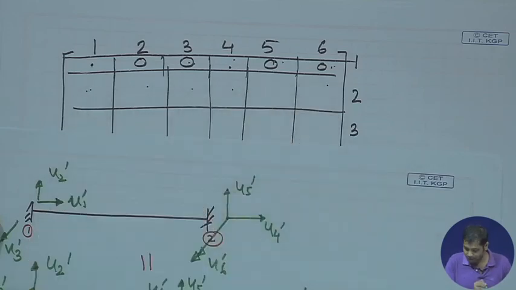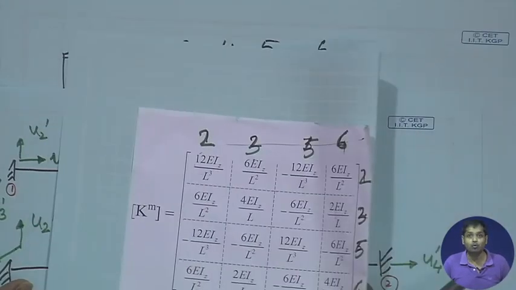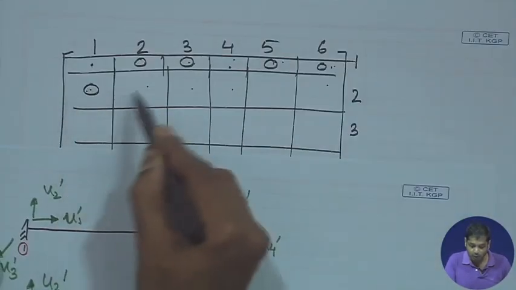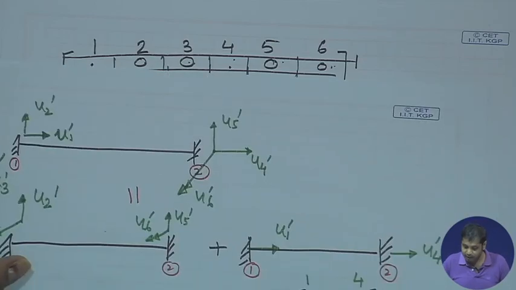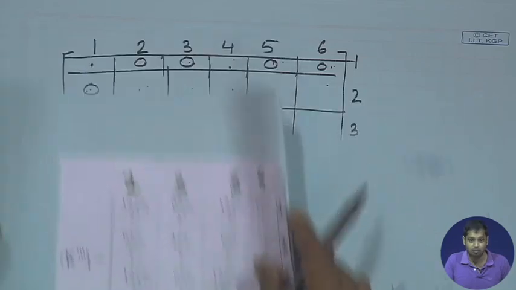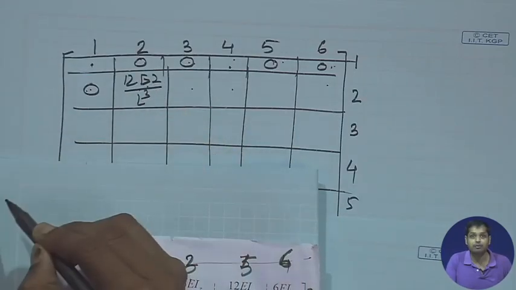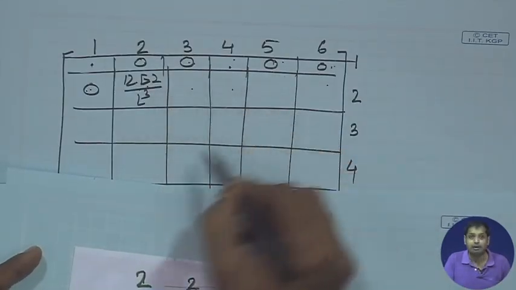Similarly, this will be 2 1, 2 2, 2 3, 2 4, 2 5, 2 6. What is 2 1? There is no 2 1 here, so 2 1 becomes 0. What is 2 2? There is no 2 2 here, but there is a 2 2 here, which is 12 EI by L cube. So, similarly, if we put every element in its corresponding cell, we get this stiffness matrix.